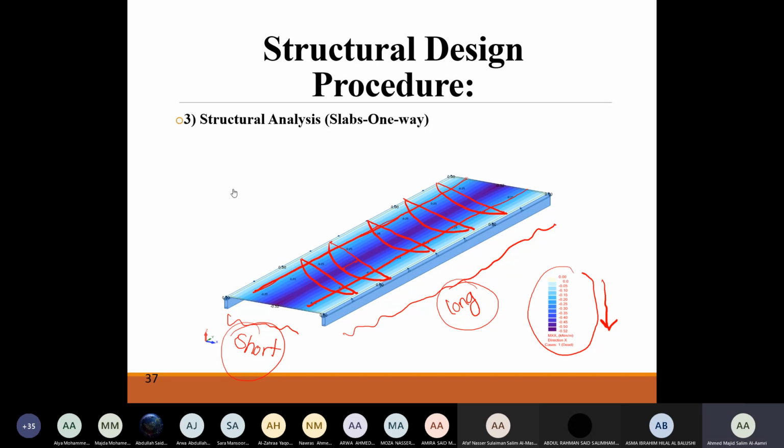For a one-way slab, we cannot say that there is no moment in the longer direction, but the proper thing to say is that we have a major moment and a minor moment. The major moment is in the short direction, and the minor moment is in the long direction. Are we clear? It is called a one-way slab because it has one major moment, in the short direction.